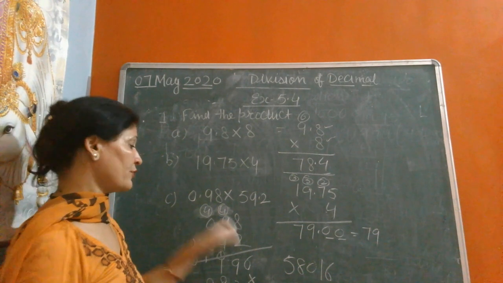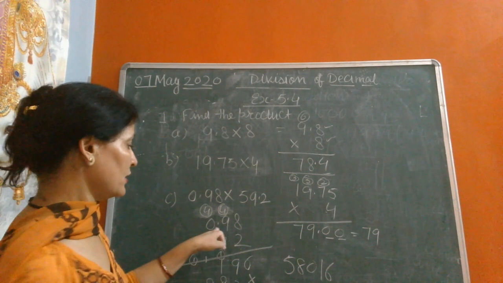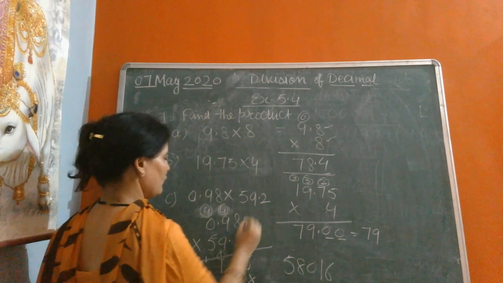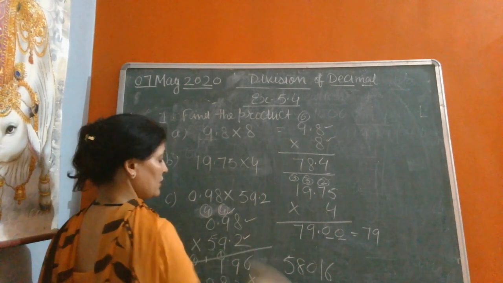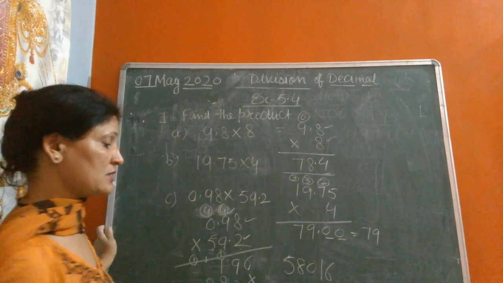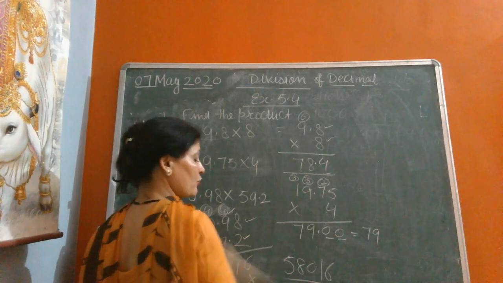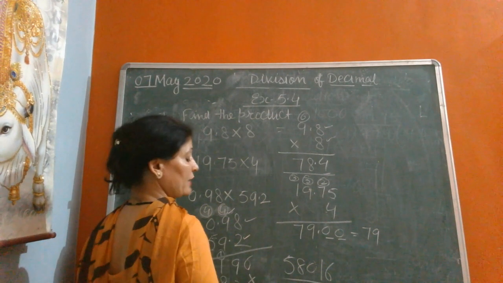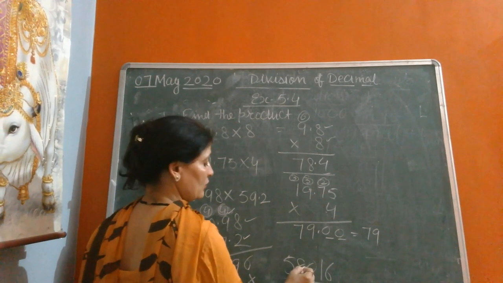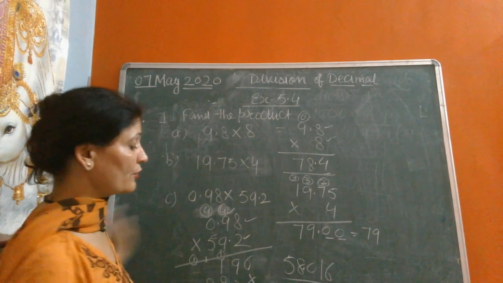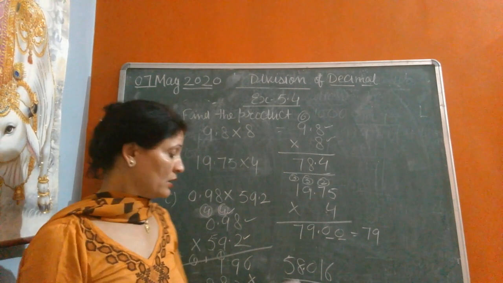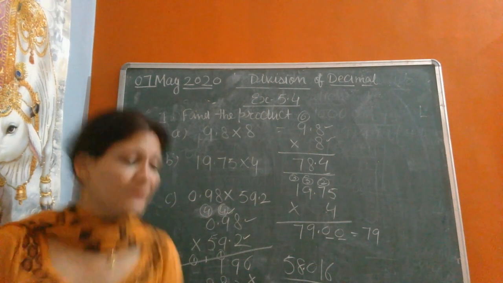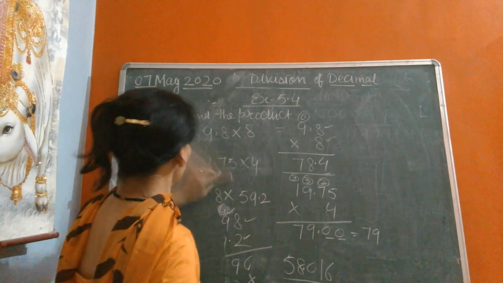We will count the digits after the decimal: 1, 2, 3. 3 digits are there after the decimal. In the answer we have got, we will count from the right hand side 1, 2, 3. So we will put the decimal before the 3 digits. Now the answer is 58.016.